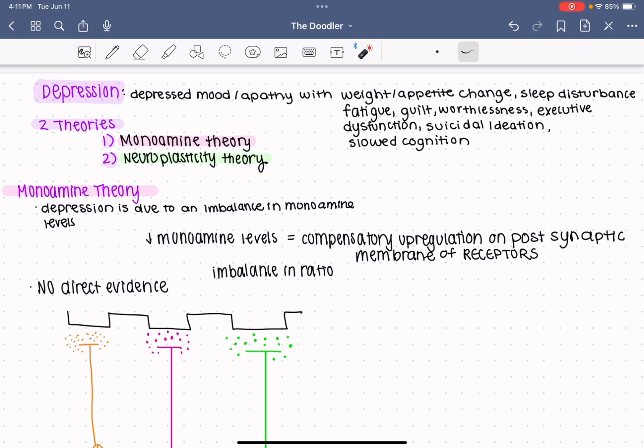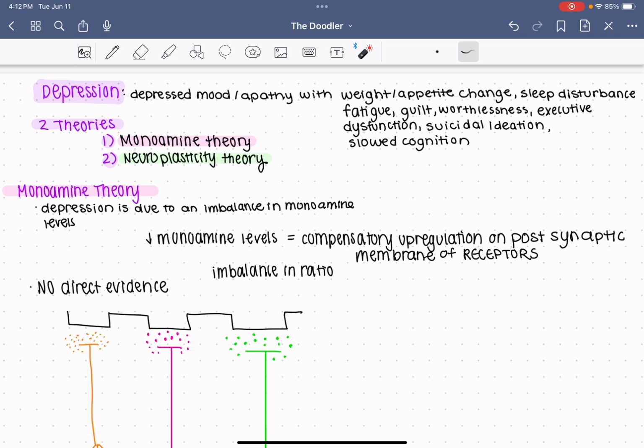So underlying unipolar depression, or just depression in general, there are 2 main theories that are commonly cited when considering what causes depression and why the medications that we use to treat depression may work. Even though people took medications for depression, researchers didn't know what in the medication was making the symptoms better.